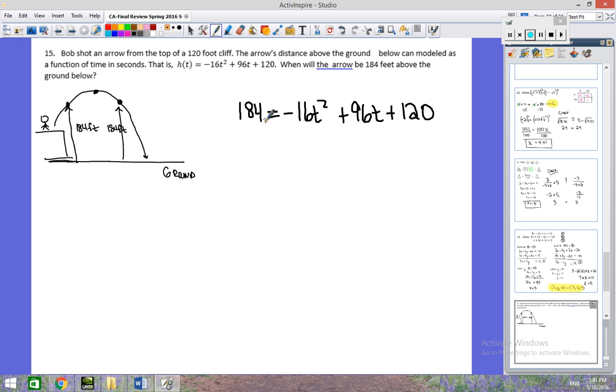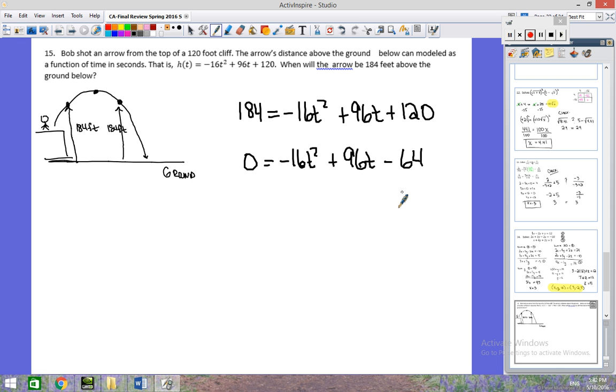So we know that we want to write it in standard form. We want this to be 0, and we know that we're going to have at most 2 solutions. So let's subtract 184 from each side. We get negative 16t squared plus 96t, and 120 minus 184 is a negative number, and that's negative 64.